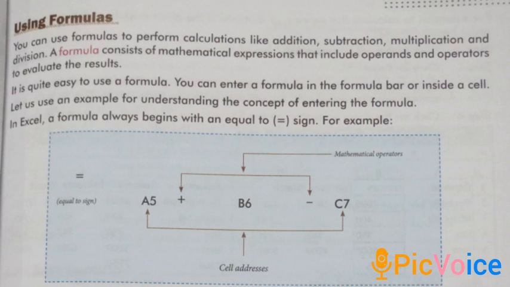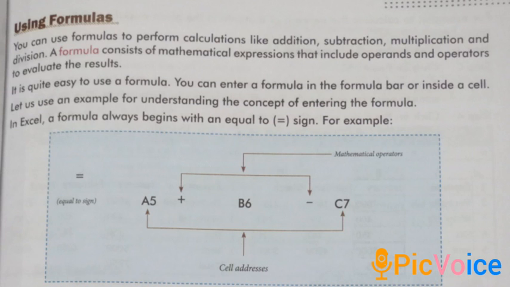Suppose you want to calculate A5 plus B6 minus C7. It means you want to add A5 and B6. Again you want to subtract C7. So how can we enter it in the formula bar or inside a cell?